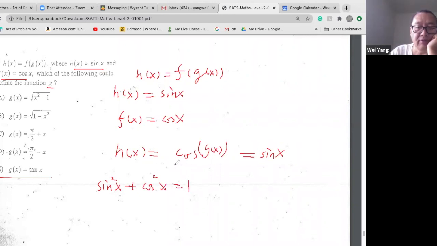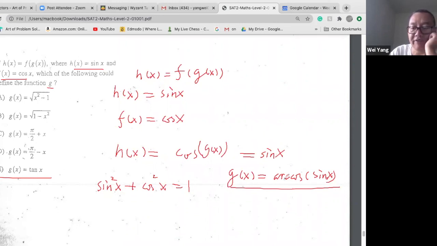From here, if you try, this will equal arccosine of sin x. You can define gx this way, but in the choices you don't have this. So now let's see which one we can get.